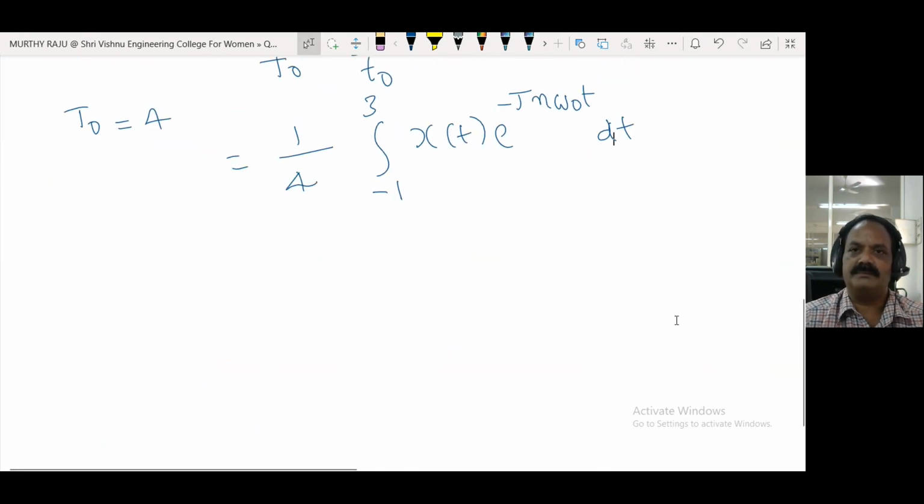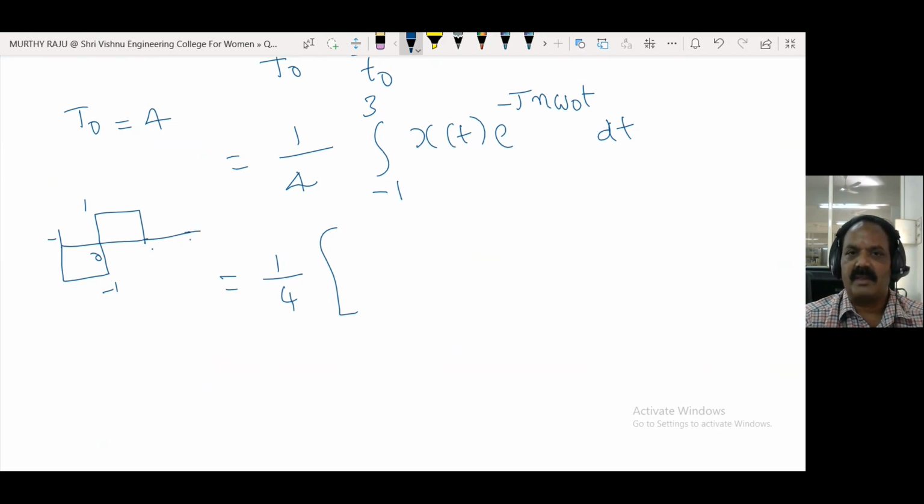That is equal to 1 by 4. The interval -1 to 3 is divided into 3 intervals: -1 to 0 where the value is -1, 0 to 1 where the value is 1, and the remaining interval 1 to 3 where the value is 0. This is the x of t.